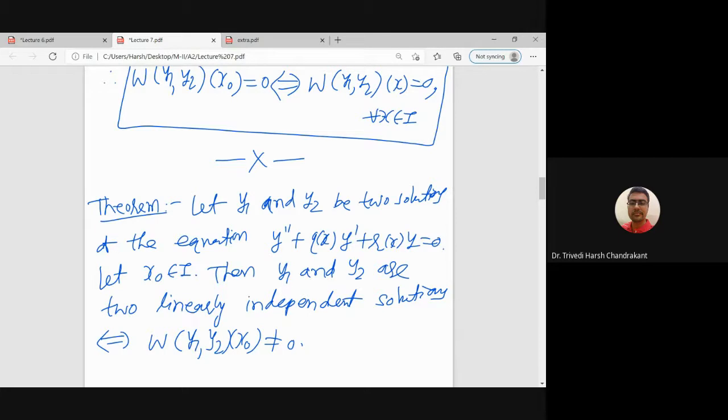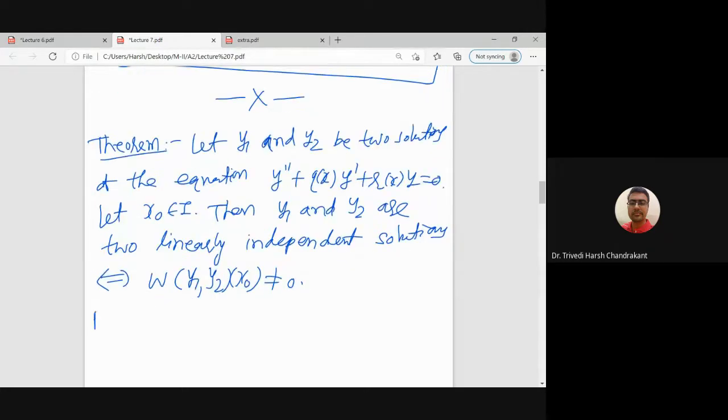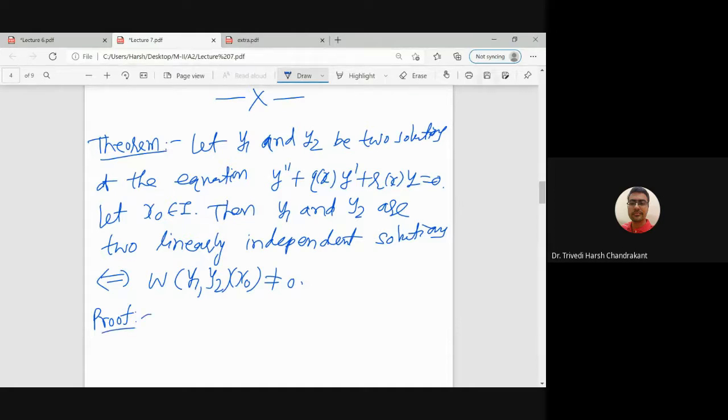Okay, so let us try to prove this result using the previous method. What we need to prove, let us start with the condition on the Wronskian, the converse part.